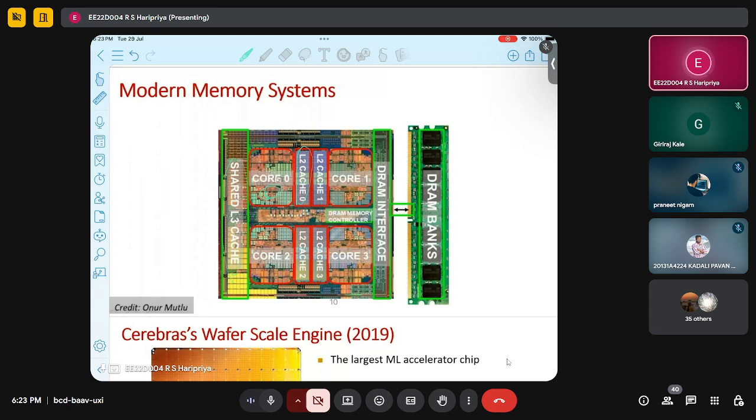L3 cache is shared, and DRAM is shown separately. It is a higher memory density.